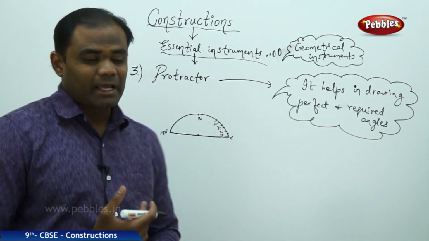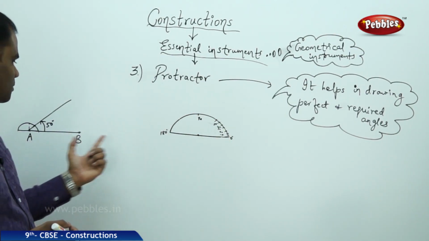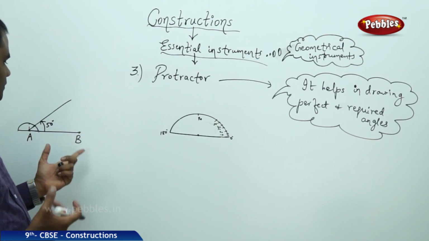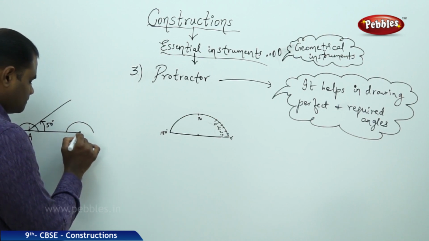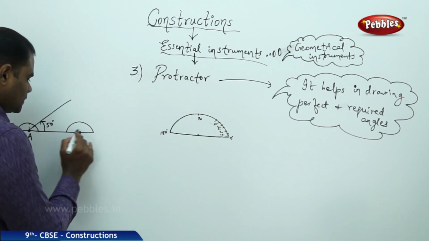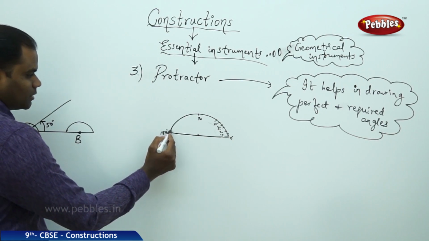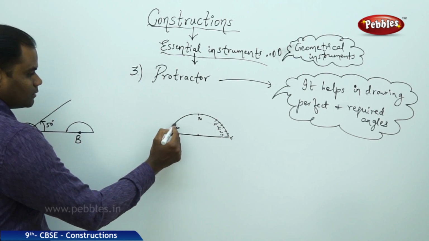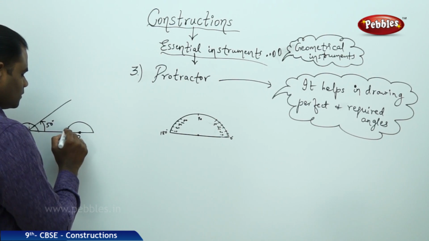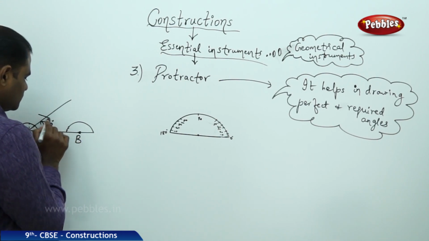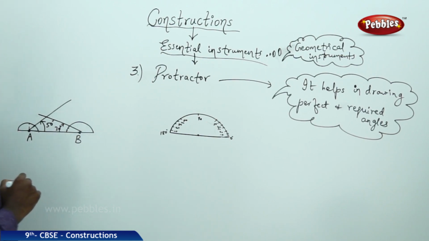So we can make different angles through the protractor, which usually has angles moving from here. And suppose I want to make an angle 30 degrees from B, I put the protractor out here, and then I have the other set of measurements which start from here: 10, 20, 30, 40, 50, and then I move here and then I make an angle, this, which is 30 degrees.